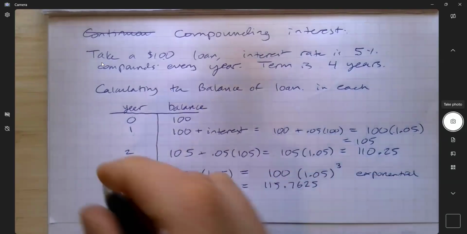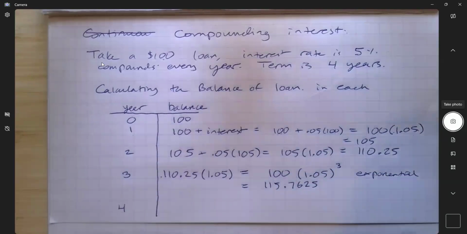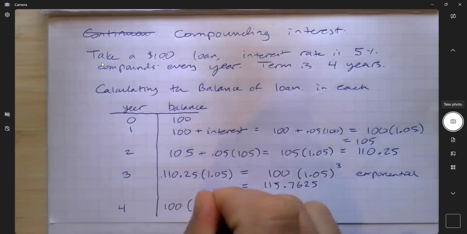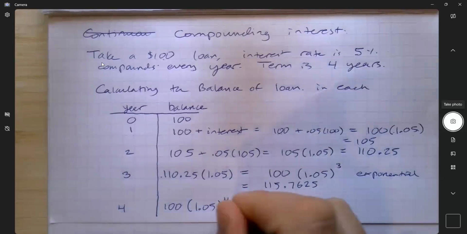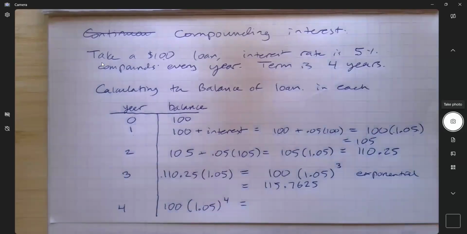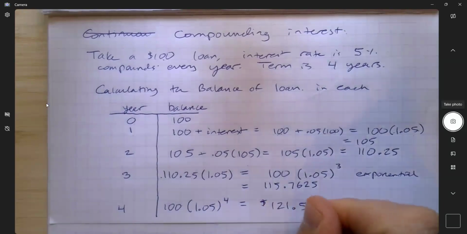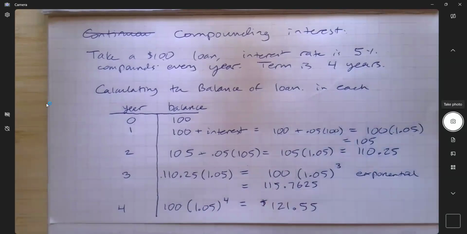And then I do it one more time in year 4, which was the original balance times 1.05 to the 4th, which is, according to Desmos, 121.55 and some fractions of a penny.